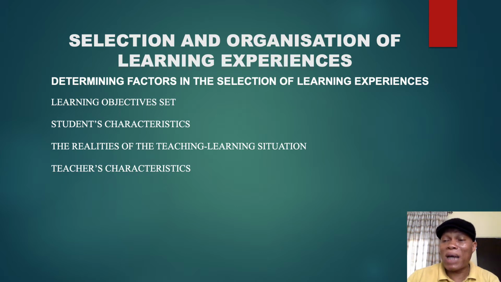Then we have the other student factor, which is the learning styles of the students. Every student has his own learning style, and that is why in developed countries, the individual method of teaching is what they make use of.